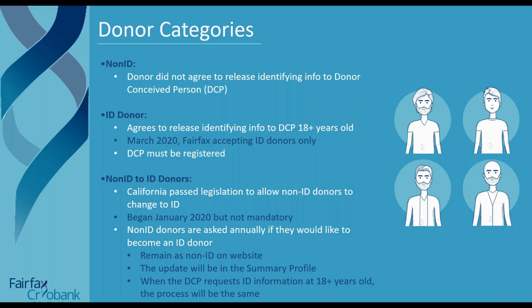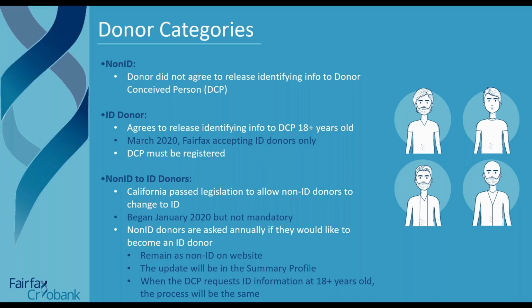We also have non-ID to ID donors. Those are donors that were previously non-ID. California passed legislation that allowed non-ID donors to change to ID, meaning those who were previously anonymous could request that their information be released.